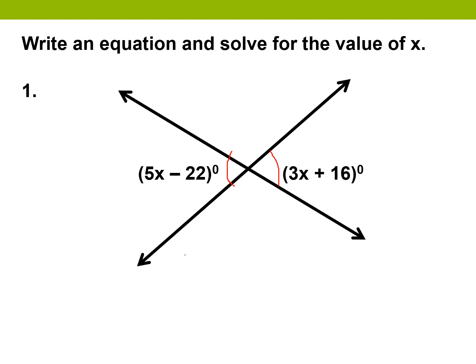So that is 5x minus 22 is equal to 3x plus 16.